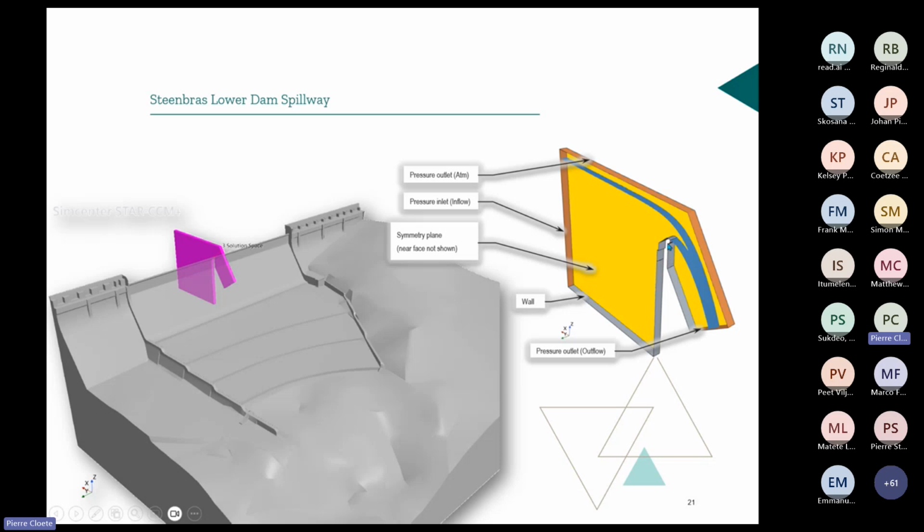So on one of these upstream faces, we also provided a pressure outlet and assigned atmospheric conditions to it. And then the upper boundaries we assigned atmospheric pressure, and finally a wall boundary to whatever you can see in gray over there, and then two symmetry planes to both sides of the control volume.